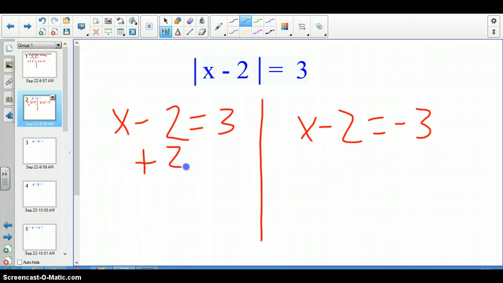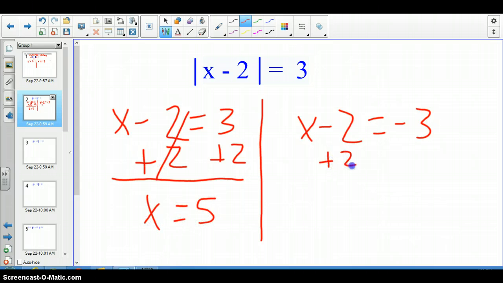Then I solve each one. So I have x equals 5, and then x equals negative 1.